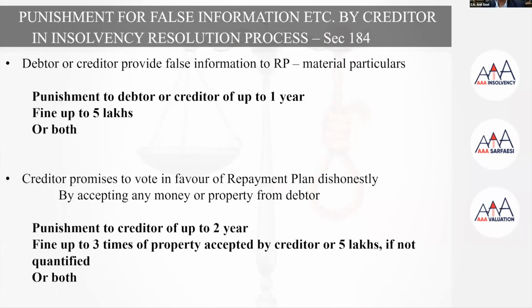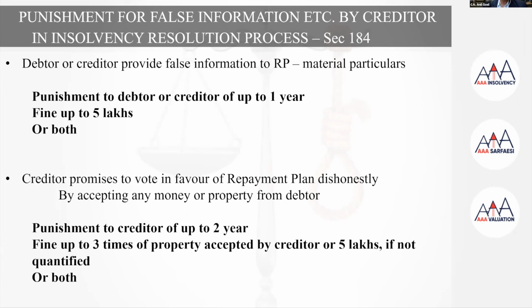As we have sections 73 to 79 in the corporate insolvency resolution process, there are separate sections for punishment or prosecution.